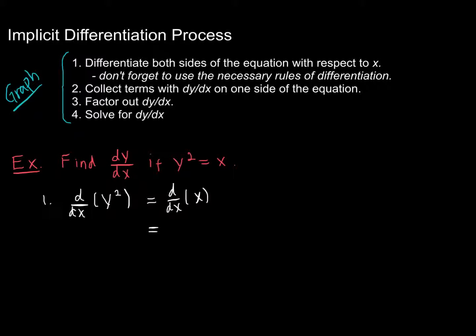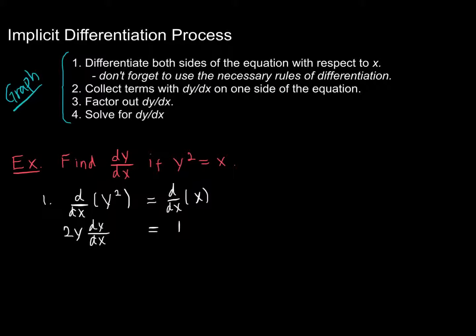Using the power rule, I get 1. And the derivative of y squared with respect to x, and remember, we are thinking of y as a function of x. So when we take this derivative, we need to use the chain rule, and that's going to be 2y dy dx.